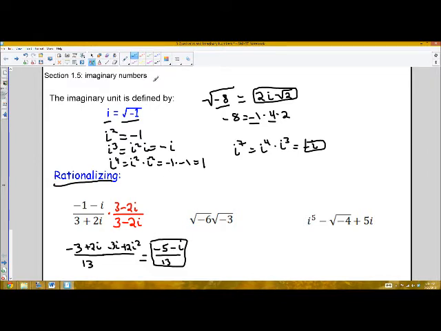Now, when we multiply negative radicals, this is very important, before we multiply the values in the radicals, we first must convert to this imaginary unit, because this is how we're going to define negative radicals. Without this imaginary unit, they are meaningless. So I'm going to rewrite this as i square root of 6 when I factor out that -1, times i square root of 3, which gives me i squared square root of 18.